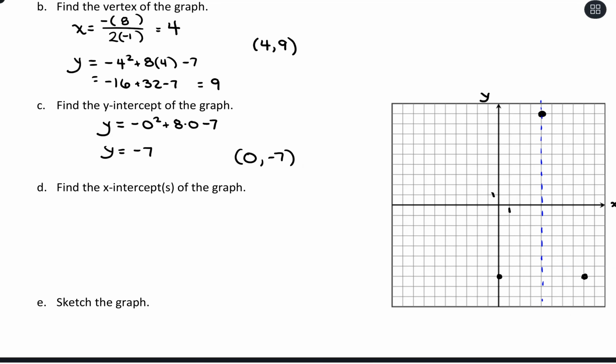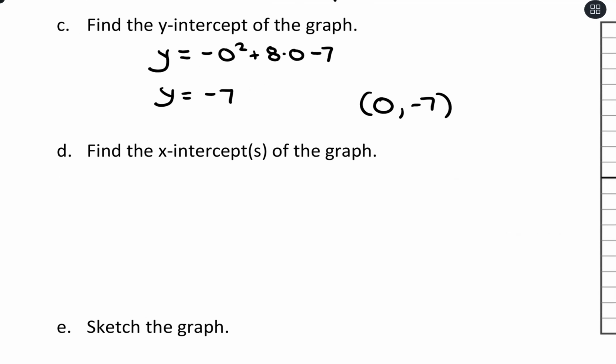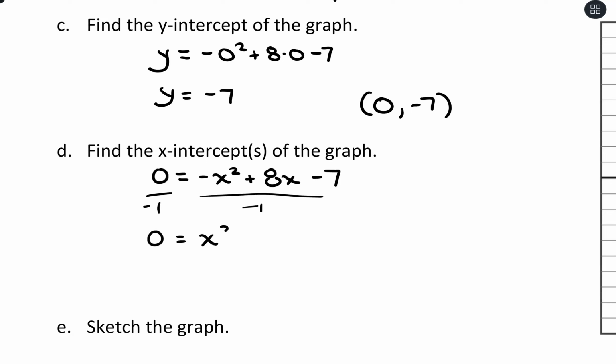We can get some more information with our x-intercepts, which would be to solve 0 equals negative x squared plus 8x minus 7. I'm going to divide everything by negative 1 so that I have something I can factor: x squared minus 8x plus 7. So that'll be x minus 1 times x minus 7.